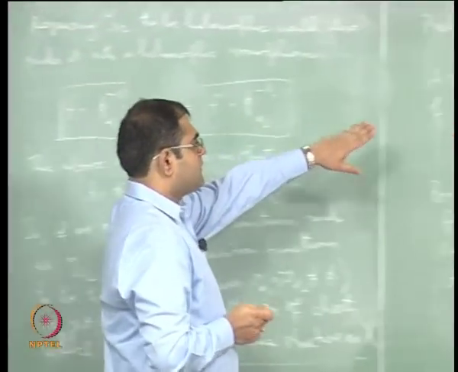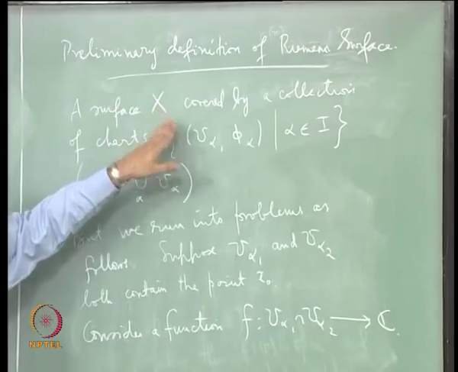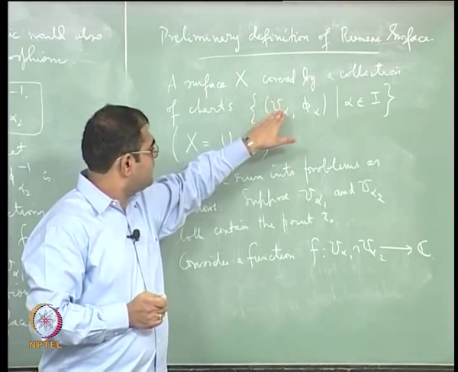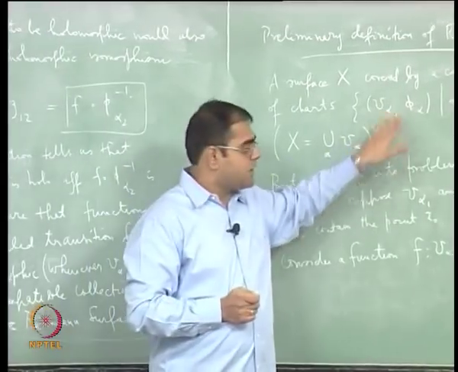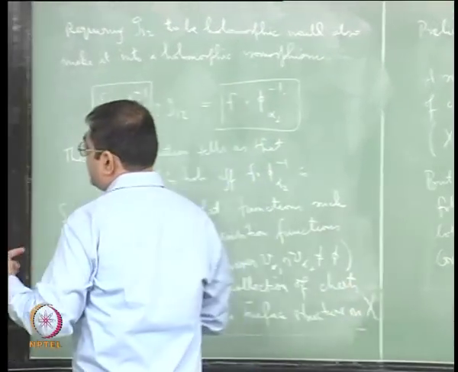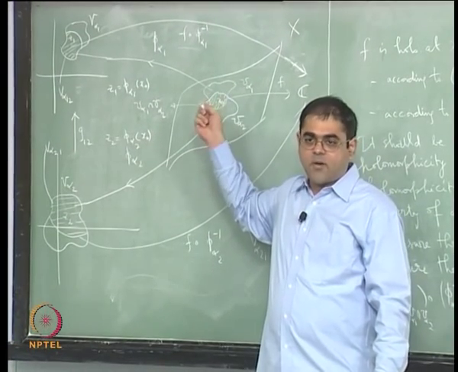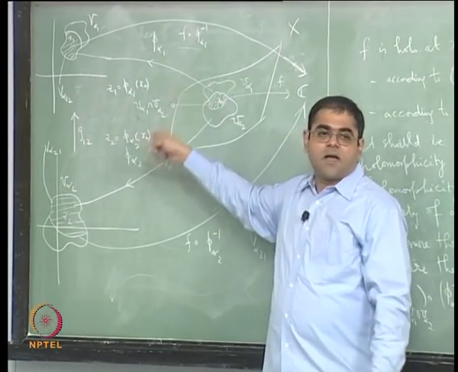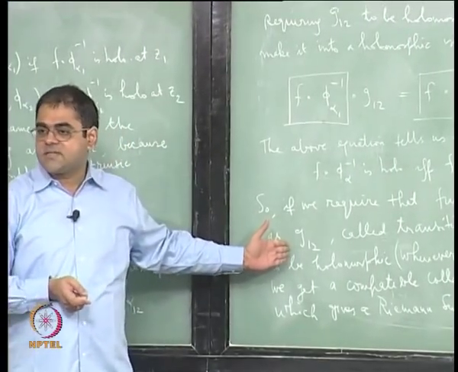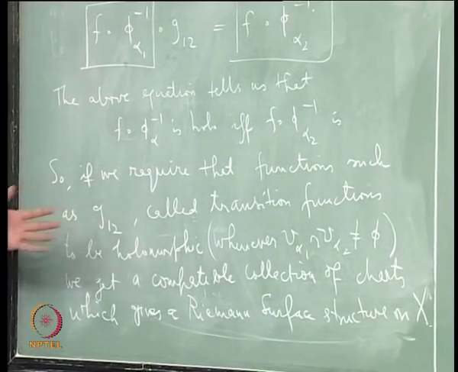We started with trying to do complex analysis on a surface, and we realized that we could do that if we had these complex coordinate charts, and we want to be able to do that at every point, so these charts should cover the whole surface. But then we run into problems deciding whether a function is holomorphic at a point, because there may be more than one chart available at that point, and in order that such ambiguity does not arise, we put this extra condition that for any two intersecting charts the transition function is holomorphic, and once you do that everything is fine.